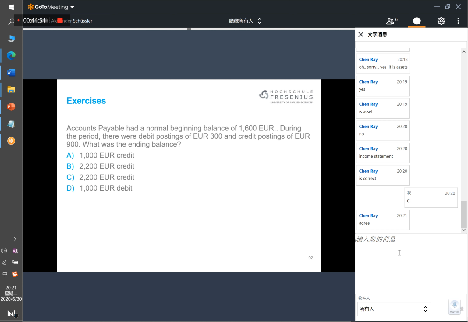This is the next one. We have accounts payable. What is accounts payable again? Is it an asset or is it a liability? What is accounts payable, asset or liability?